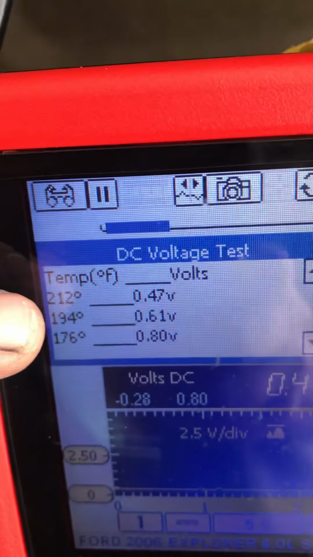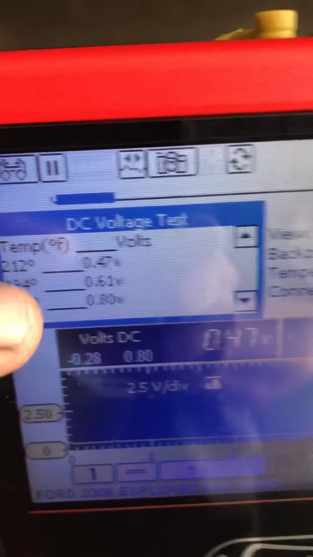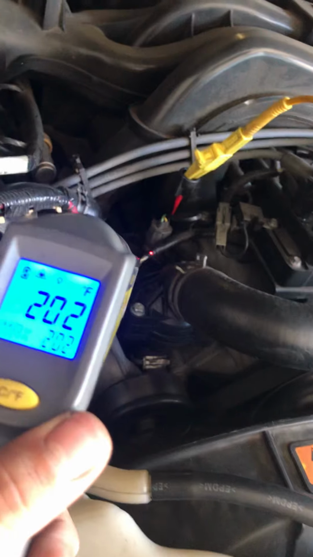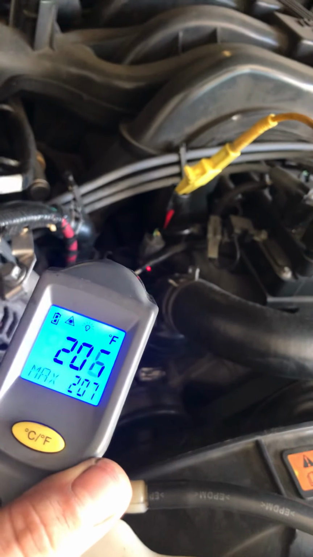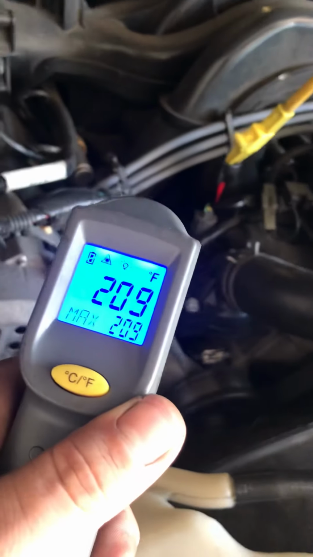How's the reading? It's reading 204 degrees. So 212, it's not really that far off. Well, it should be about there right now. So I've got my pyrometer. So check it. Right there.